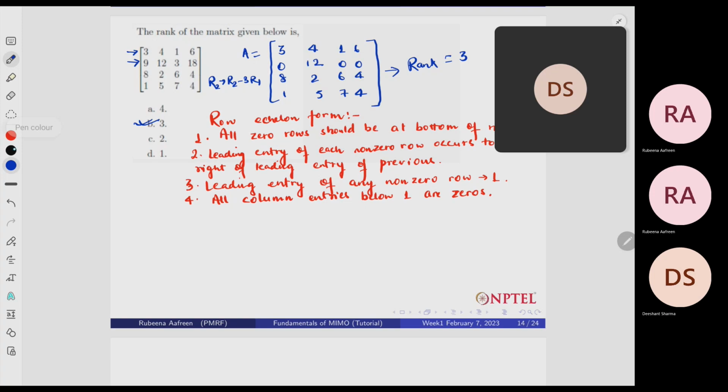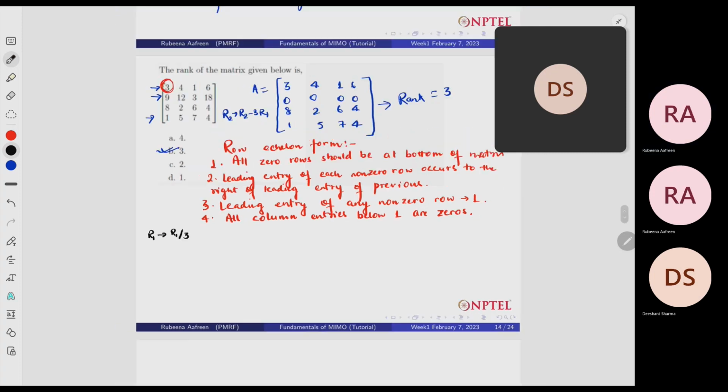Okay, sorry, this one is the previous one. So this is our A matrix. We will start from here. Choose this entry as the pivot one, and then we will try to make it 1. So for that, first we will replace R1 by R1 divided by 3.